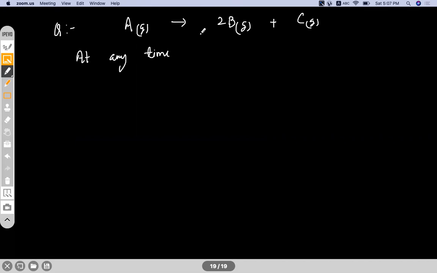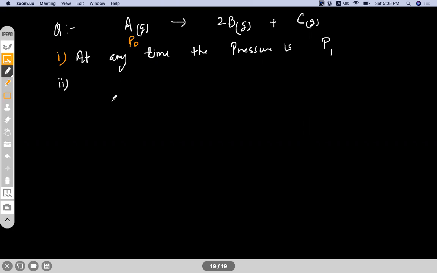At any time t, the total pressure is PT. The initial pressure of A is given, that is P naught. At any time t, the pressure is given PT. You have to find out the expression of K. And at time t, the pressure is P1. This is one question, done.